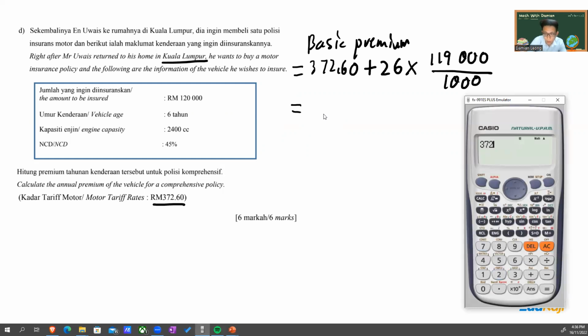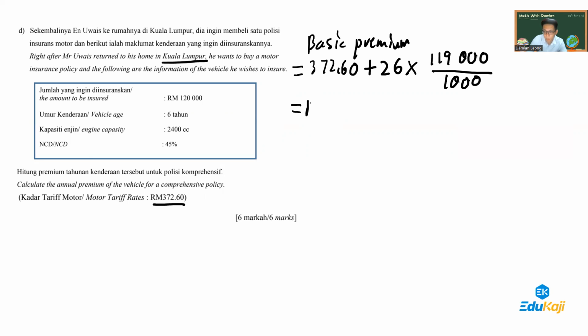So 372.6 plus 26 times 119,000 divide 1,000. 3,466 ringgit 60 cents. That's basic premium. So I haven't counted this no claim discount.